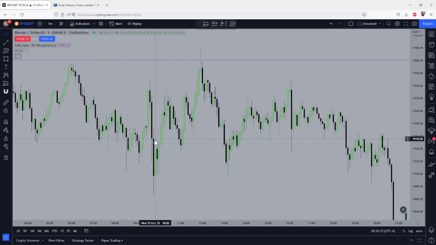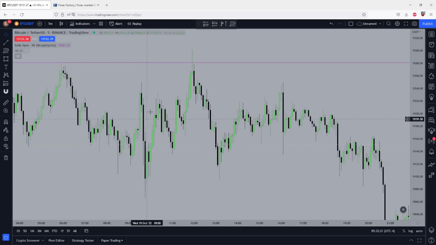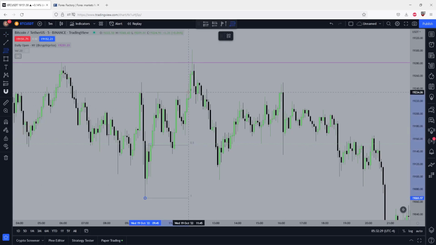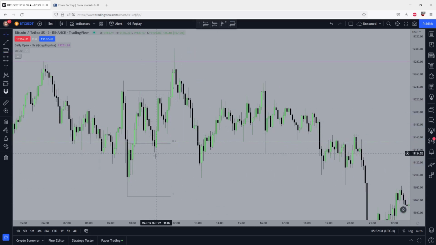We have this swing high right here, which price takes out. Price then moves back down to touch this order block. So if we take the flip tool from the low to the high, we can see price reaches a discount, touches the order block right here, and then eventually starts to move higher.